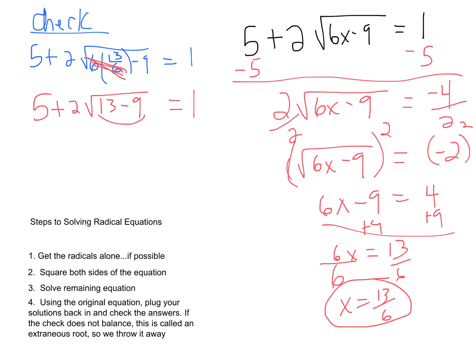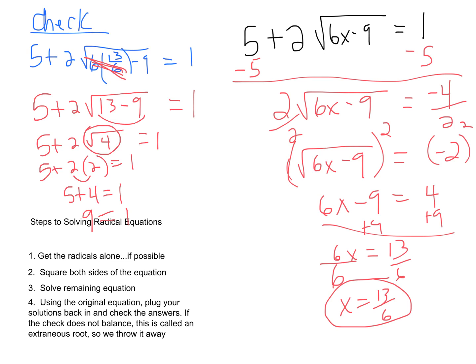Now we do the work under the radical. 5 plus 2 radical 4 equals 1. Break down radical 4. 5 plus 2 times 2 is supposed to equal 1. Multiply. 5 plus 4 is equal to 1. Therefore, 9 equals 1. Well, the problem is 9 doesn't equal 1.